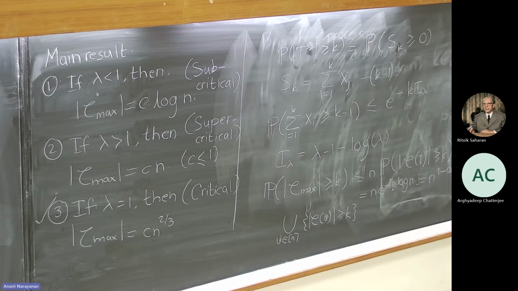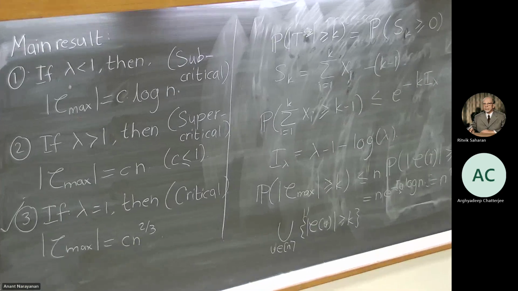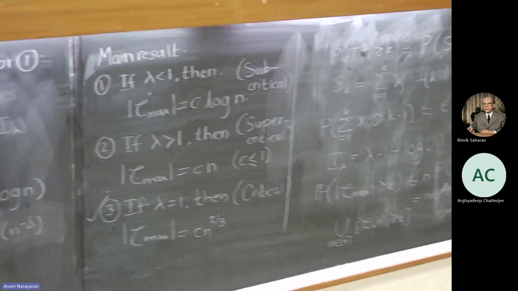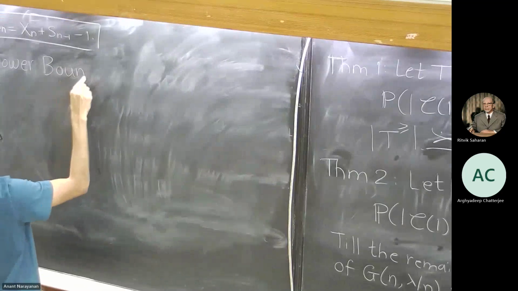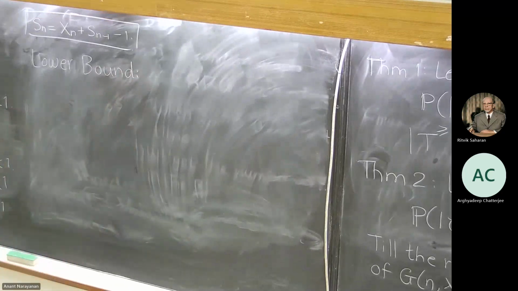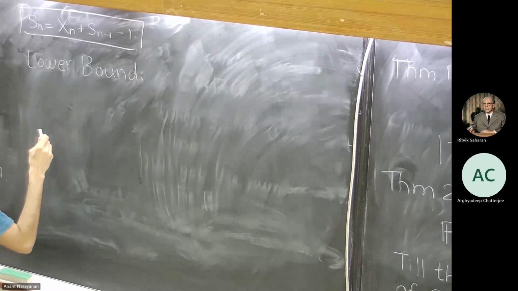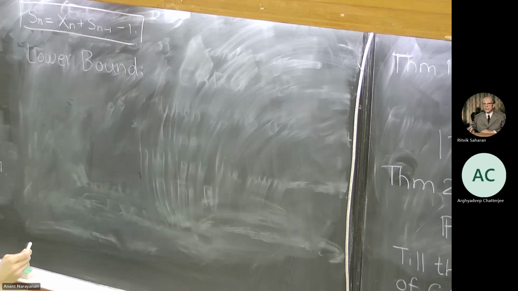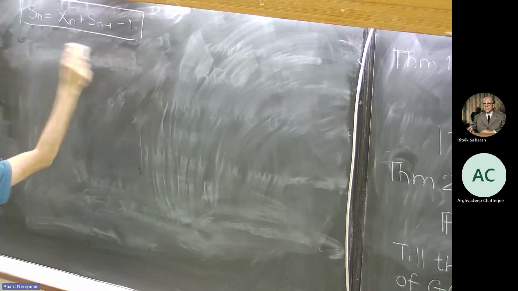Now there is a lower bound. That was the upper bound for the subcritical regime. In the interest of time, I'll just keep the lower bound for now.